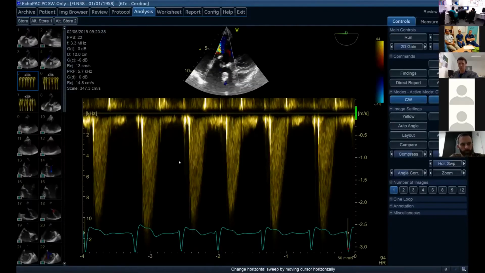So the next thing that we've got with TOE is, in a deep gastric view, you can see this Doppler alignment that I've got that's not perfect, but it's the best we're going to get with TOE, more or less. And we can see here that we've got continuous wave Doppler through that aortic valve.